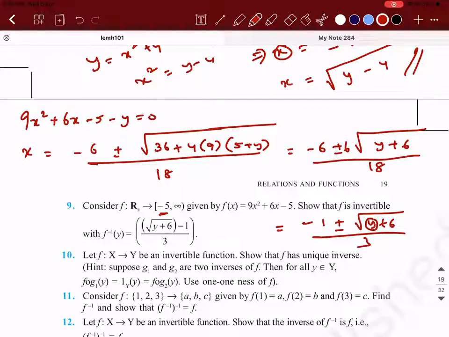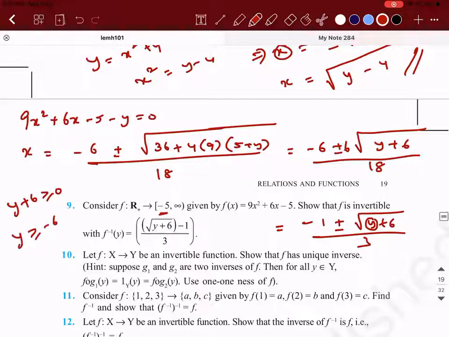So logically tell me, y plus 6 can be greater than or equal to 0, y is greater than or equal to minus 6. But if you put minus 6 here, what will you get? You will get minus 1 by 3.